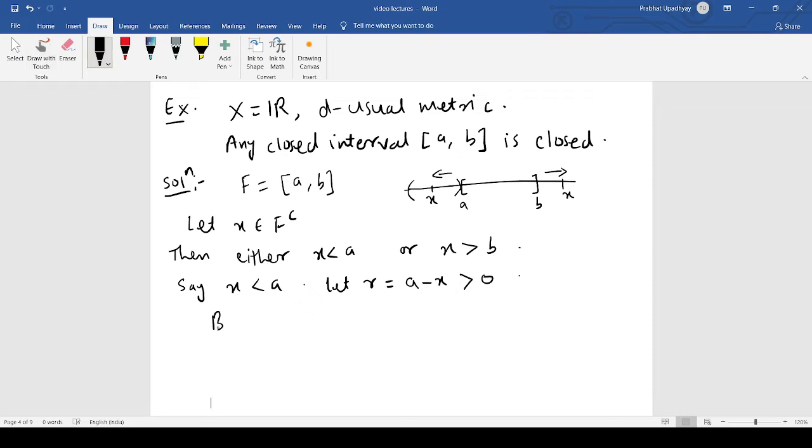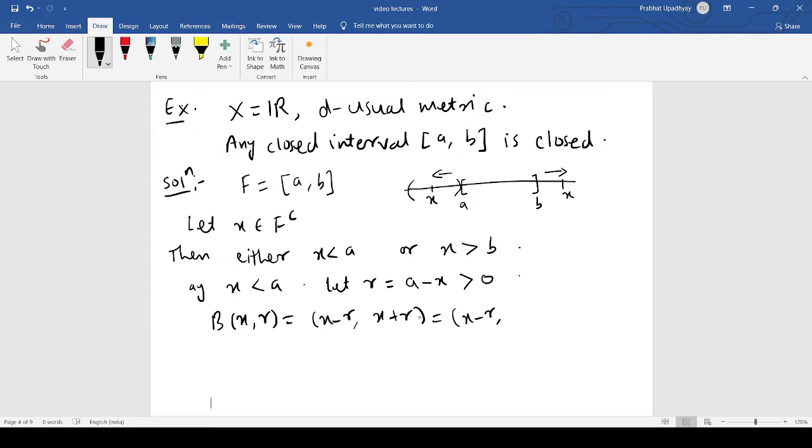Then consider B(x, r), that means the open ball centered at x of radius r. It will be the open interval (x minus r, x plus r). Now I want to verify that this open interval (x minus r, x plus r) does not intersect with my closed interval [a, b]. That means it totally lies in my F complement. Since x was already less than a, x minus r will be less than a only.